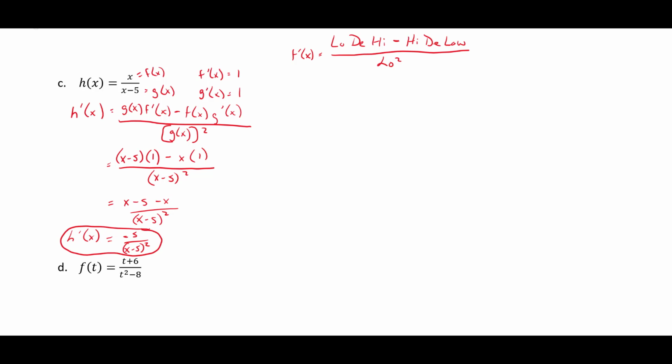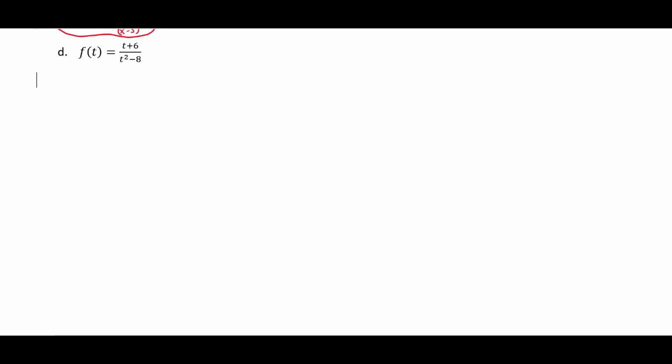We're going to be setting this denominator equal to 0 to find values where this function is undefined. So if you think about finding the domain of this function, it's going to be easier to do that in this already factored form, where it's written as x minus 5 squared, than if you were to multiply that out.